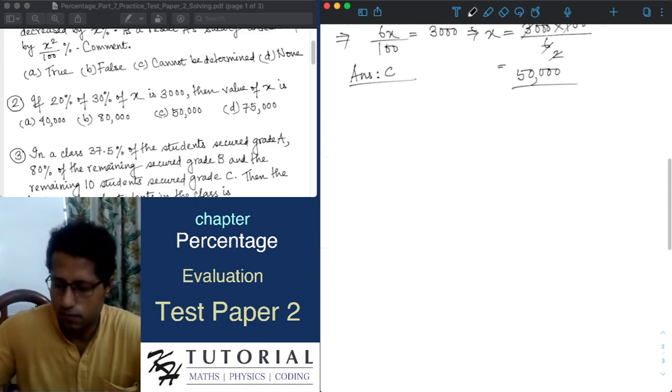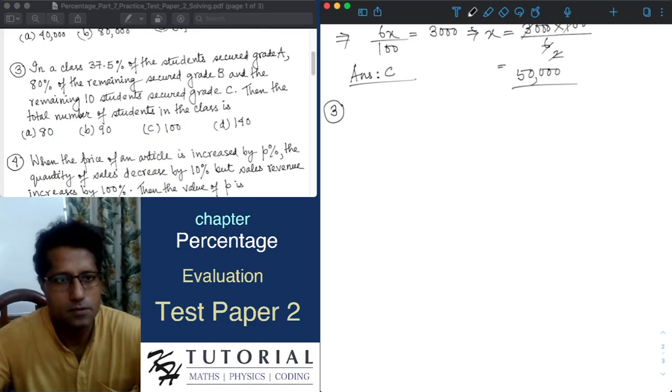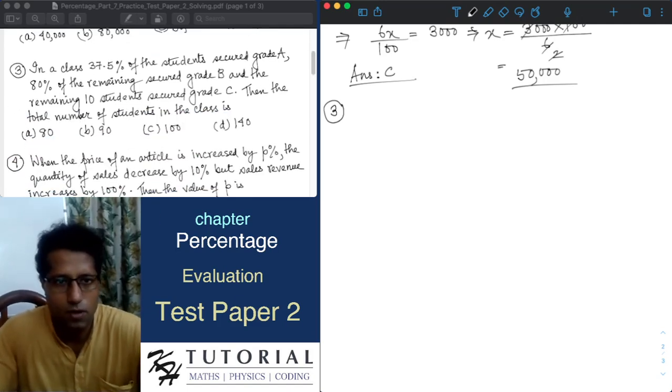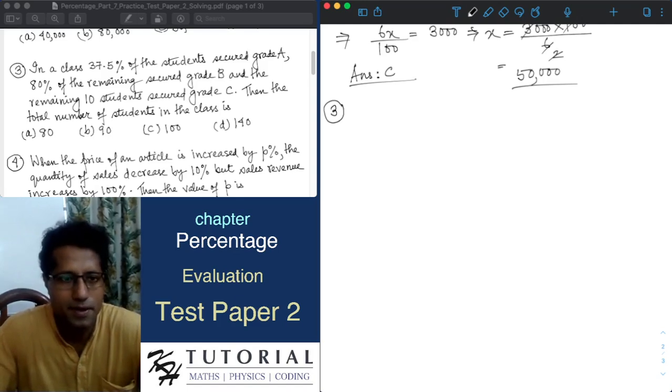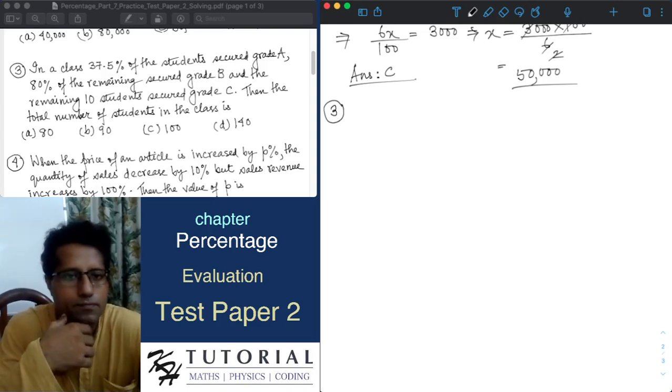Let's do problem number 3. Problem number 3 says, in a class, 37.5% of the students secured grade A, 80% of the remaining secured grade B, and the remaining 10 students secured grade C. Then the total number of students in the class is.